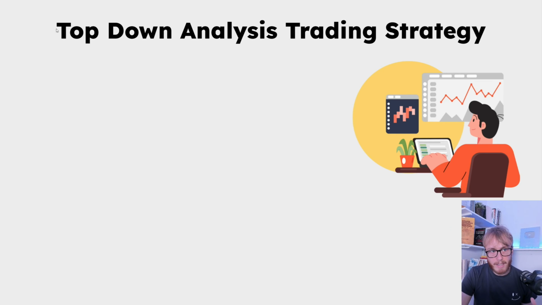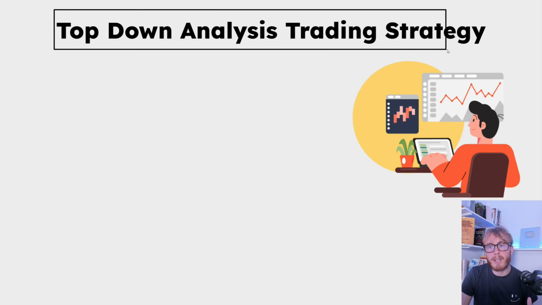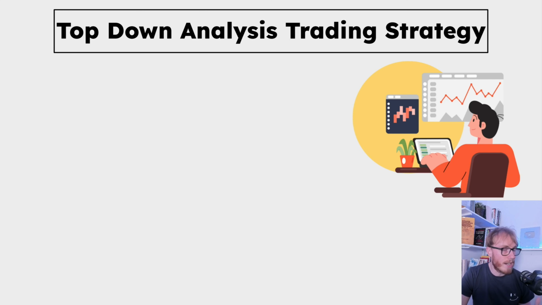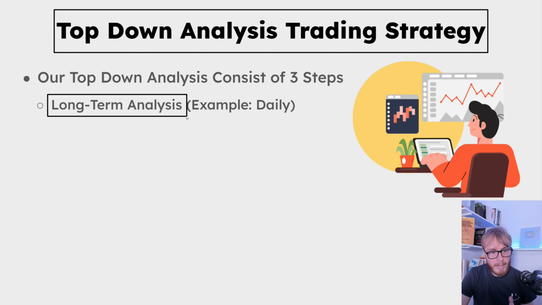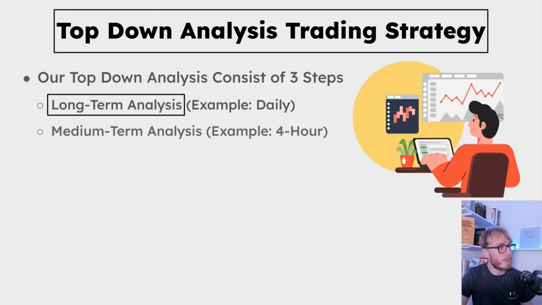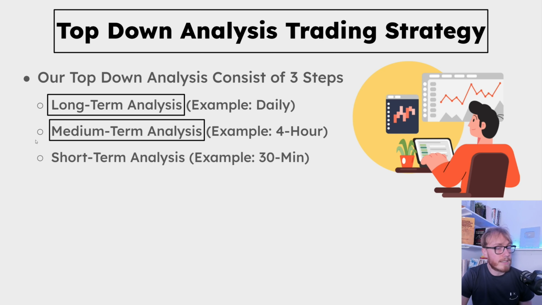Okay, so now let's take a look at our top-down analysis trading strategy. This trading strategy consists of 3 simple steps. We're going to do long-term analysis on, for example, the daily time frame. We're going to do our medium-term analysis on, for example, the 4 hour time frame. And last but not least, we're going to do the short-term analysis on, for example, the 30-minute time frame.